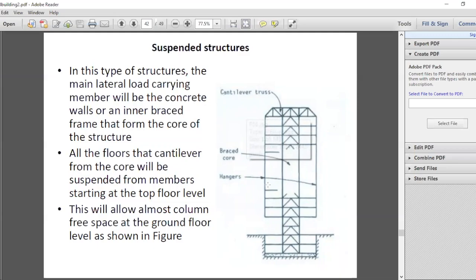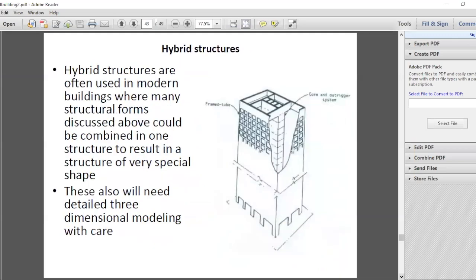So these are all special structures, and you can also have structures where you can see here the outrigger is used, core is used, the tube is used. All kinds of different systems are used in one building. Then you can also call it a hybrid building.